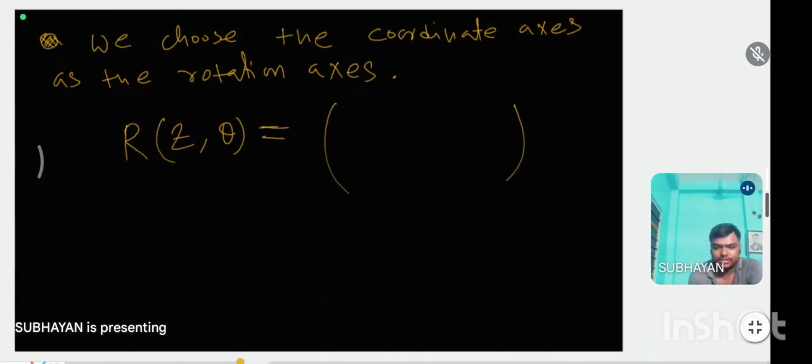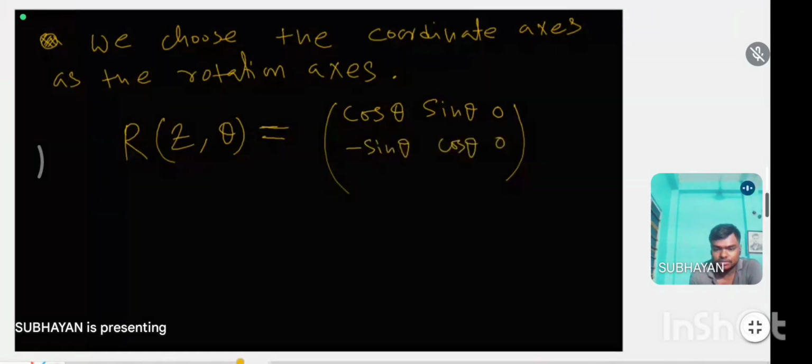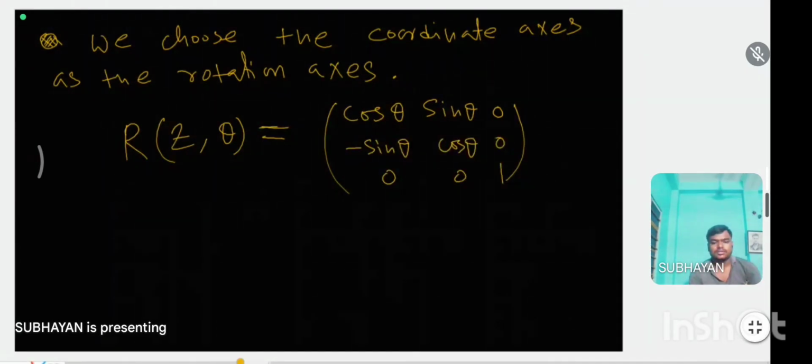The form of this one is cos theta, sin theta, 0; minus sin theta, cos theta, 0; 0 0 1. So this is the rotational matrix whenever the rotation is about the z axis.